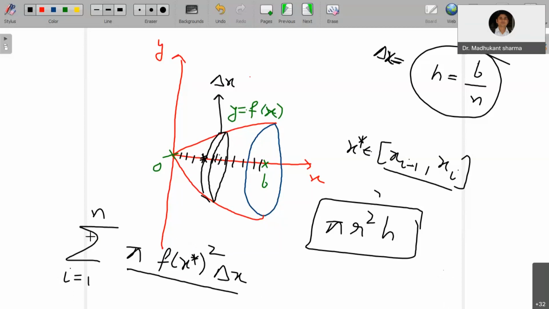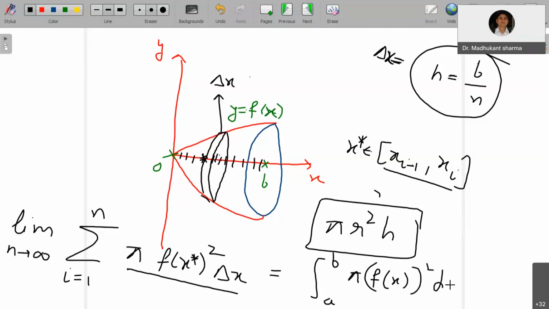Now you can increase n and take the limit as n tends to infinity. Here we are assuming that everything is nice, that f is continuous. In this case you have 0 to b, but in general it is going to be the integral from a to b of pi times f of x whole squared dx.